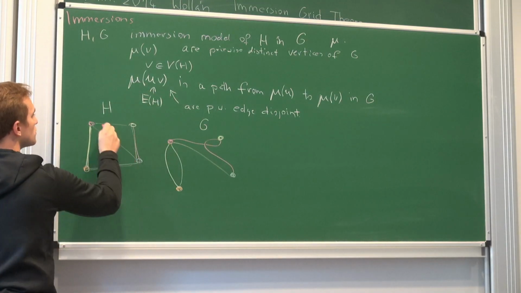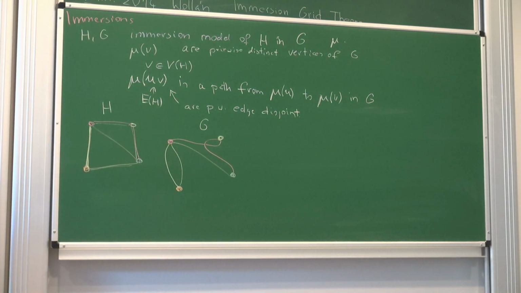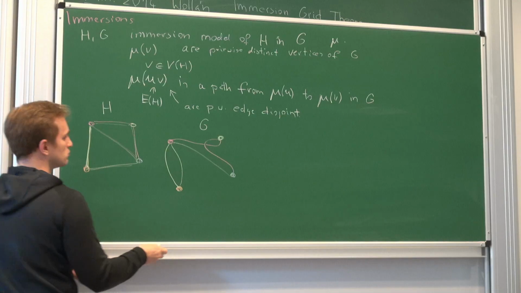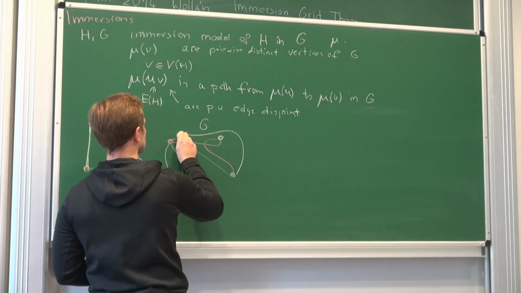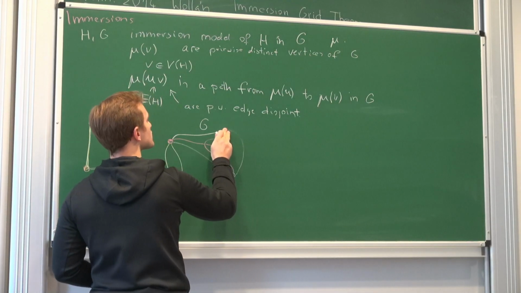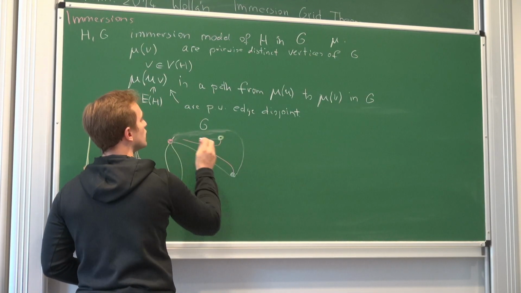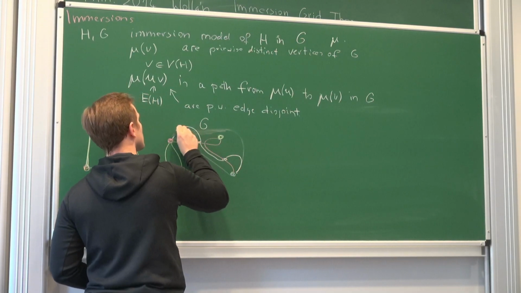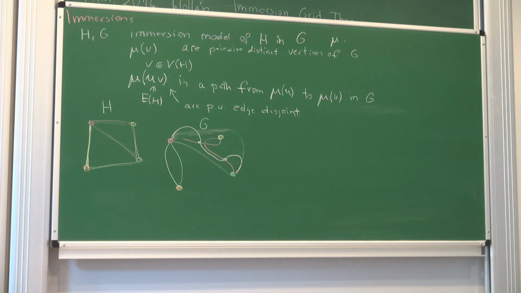So these would be these 2 edges. And all that is missing is this connection, and maybe it goes here. And of course, these paths can be intersecting at vertices. That's completely legal, but they cannot reuse edges.